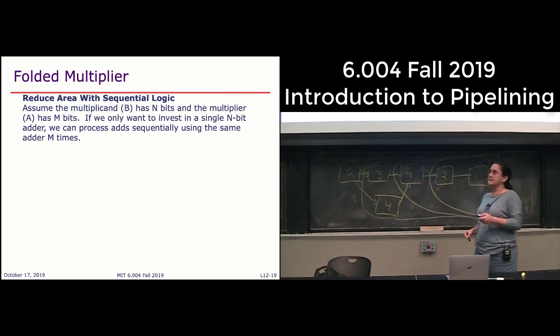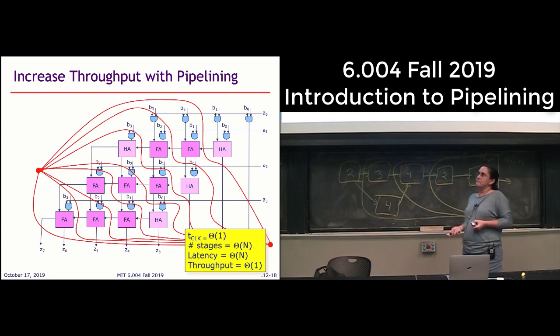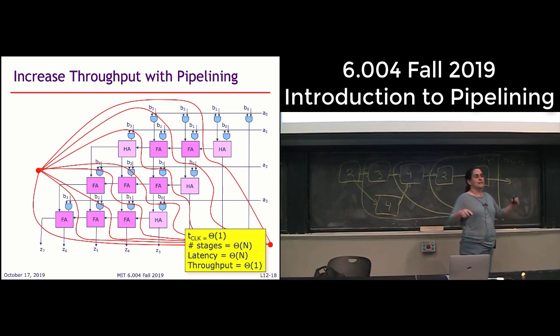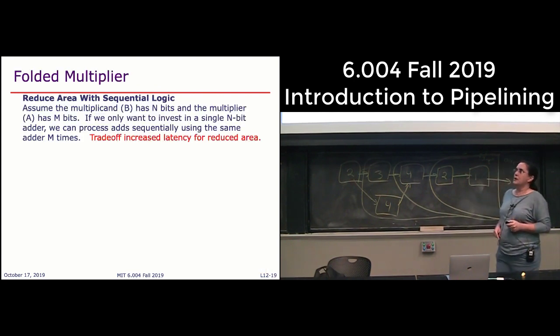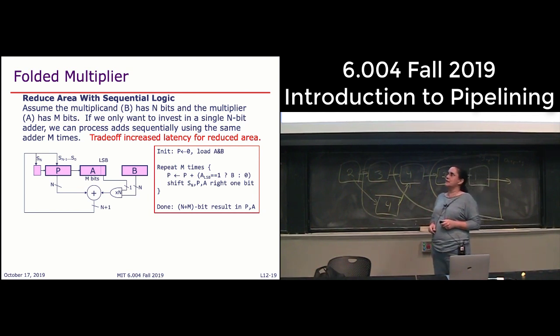If I go back to this picture over here, I could essentially, instead of having a bunch of these 4-bit adders, I could use just one of them and put a register between them and reuse that same adder over and over and over again over multiple cycles. Okay? So a way to think of that is basically with a circuit like this.